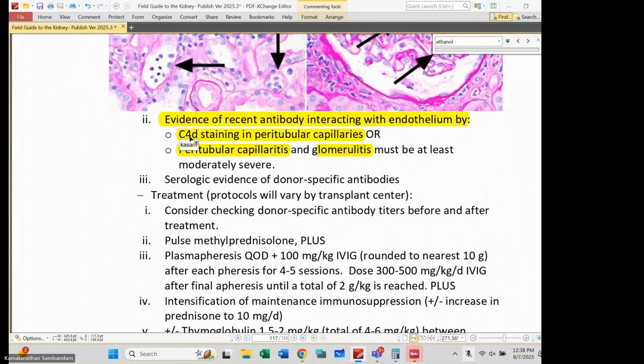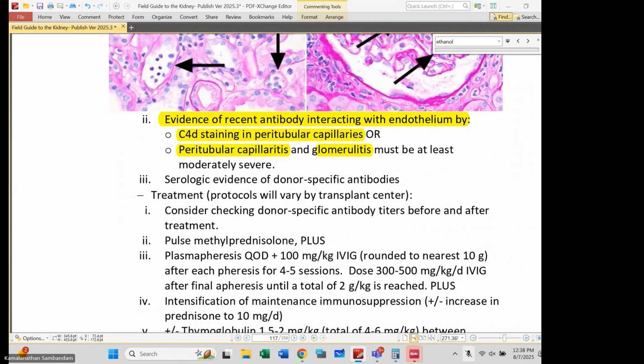What is C4D? I guess I glossed over that. Remember, C4 is a complement component that is part of the classical pathway of complement activation. C4 is part of the classical complement activation cascade.